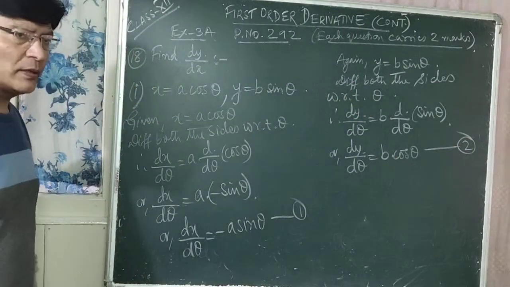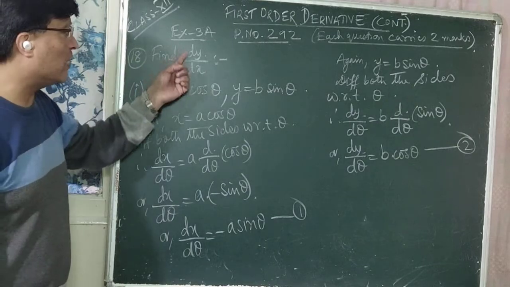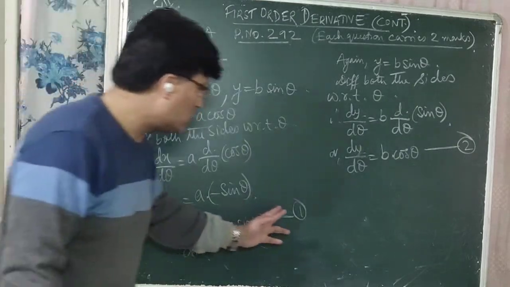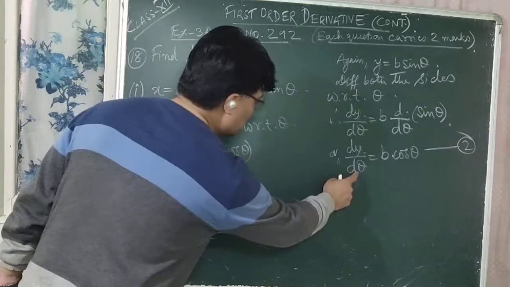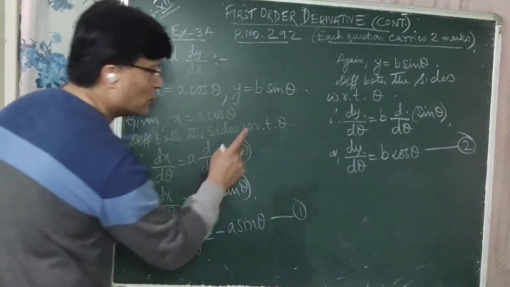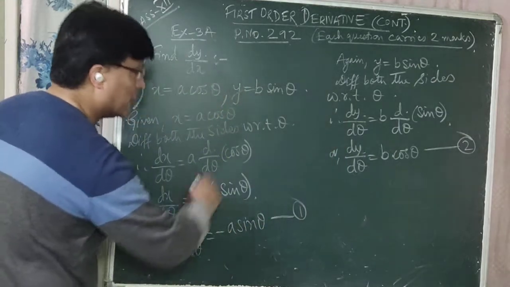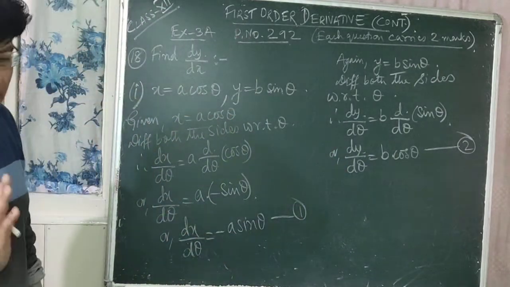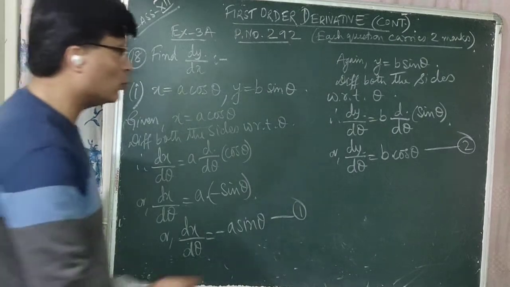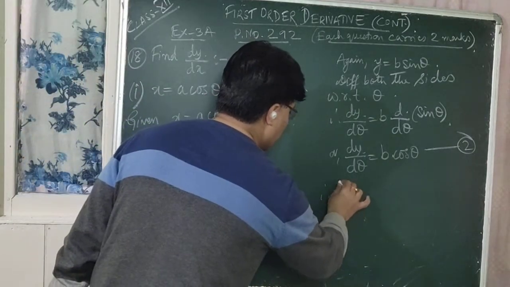Now you have to get the value for dy by dx. What will you do with this 1 and 2 to get dy by dx? This d theta should be cancelled, isn't it? So if you divide 2 by 1, you will get dy by dx, as this d theta will be cancelled. That means you have to divide 2 by 1, right?